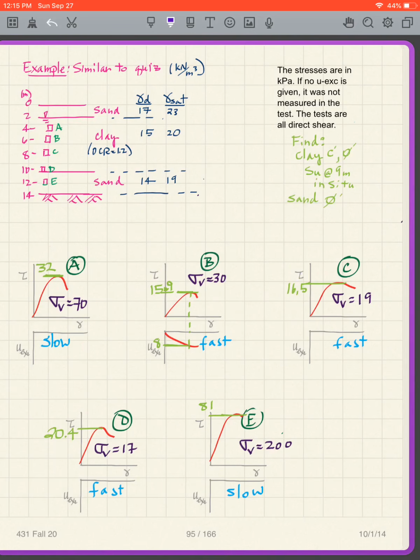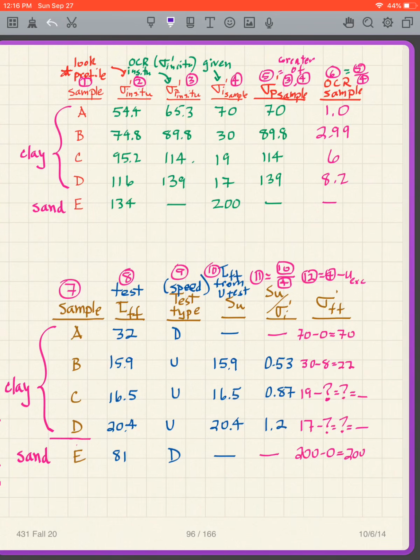All those tau FFs are given. And then I look at the test type. I look at the speed of the test. Is it fast? Is it slow? If it's slow, it's drained. And if it's fast, then these are undrained. And then I want to get my SU.